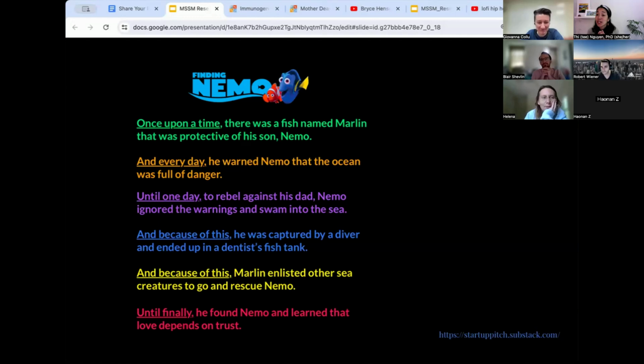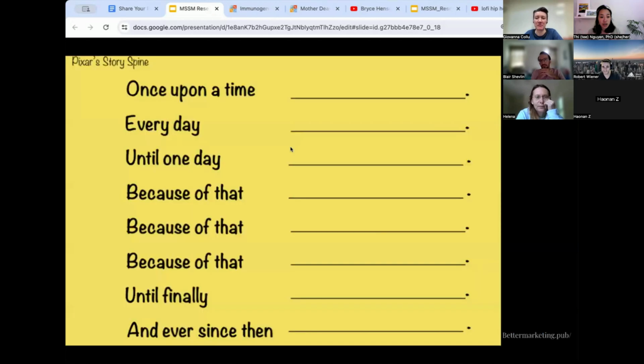Okay, so what Helena, Sidhu, and Robert are going to demonstrate is going through a story spine. And so you can start it about your research journey or a protein or anything. It's totally make-believe. The only thing that's required is that the story has to be connected with the person's sentence before you.